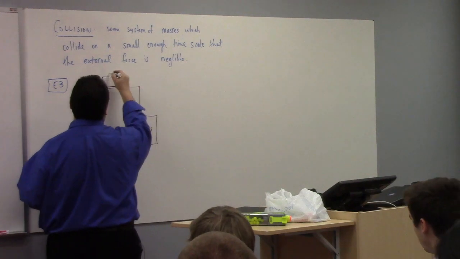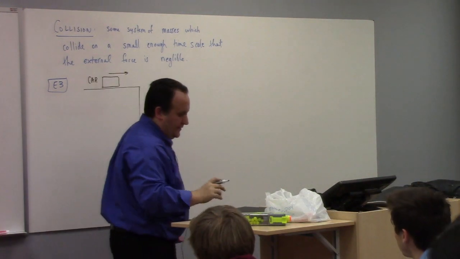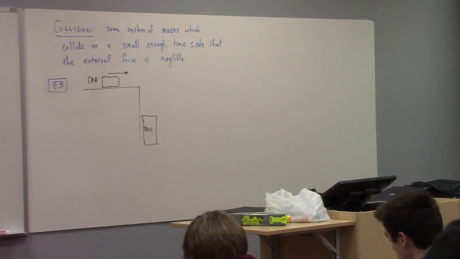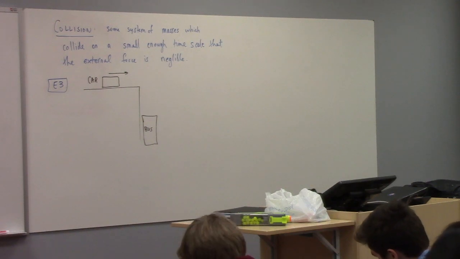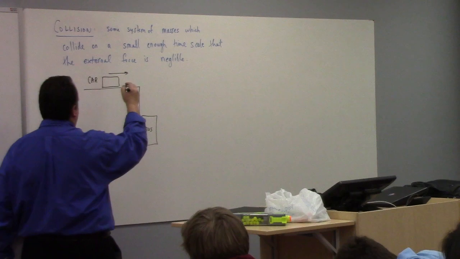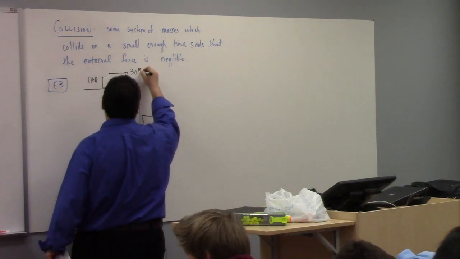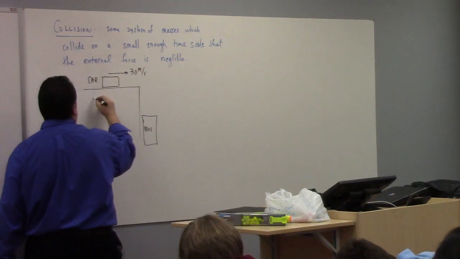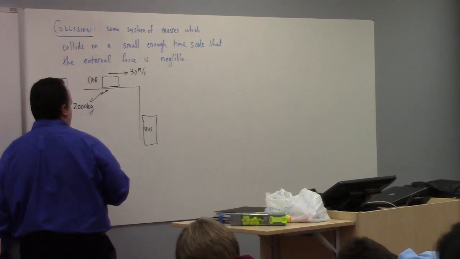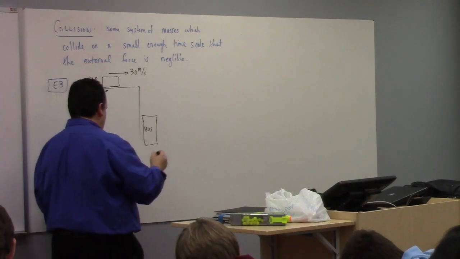All right, you remember my numbers. We will give the car 30 meters per second as its velocity, and we'll let its mass be 2,000 kilograms. There we go. The bus, we will make it go a little bit slower.